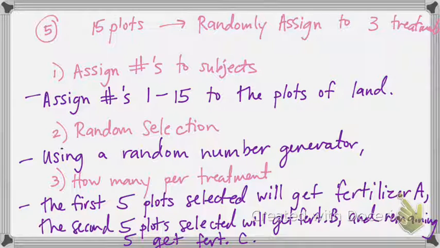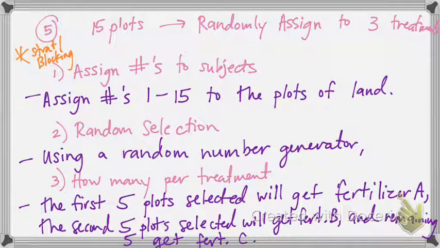That was a really good question, because sometimes it'll ask you for stratified or blocking. So I'm going to put a little star here. If it's stratified or blocking, then the sentence before assigning numbers would be how you're going to stratify or block.